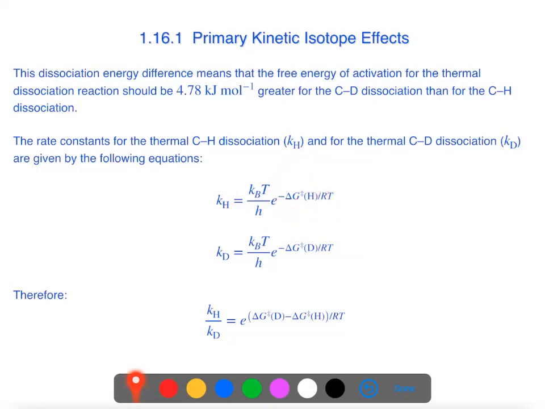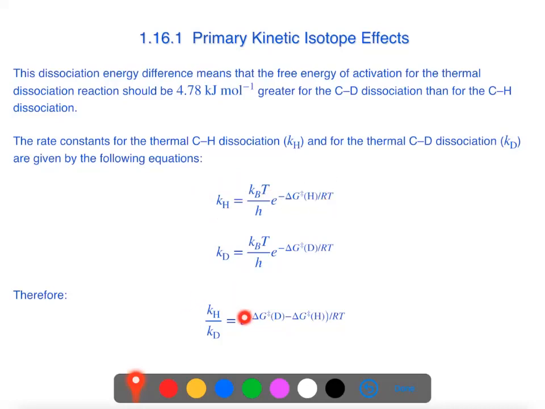So these expressions show that the free energy or Gibbs energy of activation can be used to calculate the magnitude of the rate constant for the CH and CD bond. Now, if we want to compare the relative magnitude of these rate constants upon substitution of the hydrogen atom for deuterium, we can take a ratio of these rate constants, which in effect is going to result in the subtraction of the exponents.